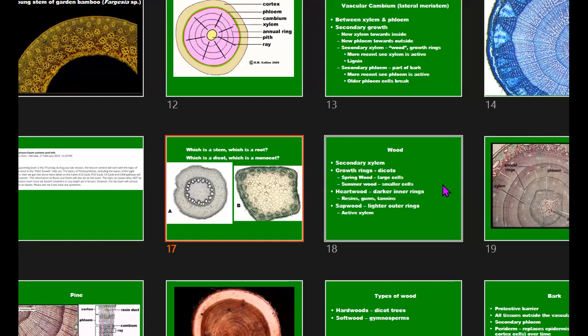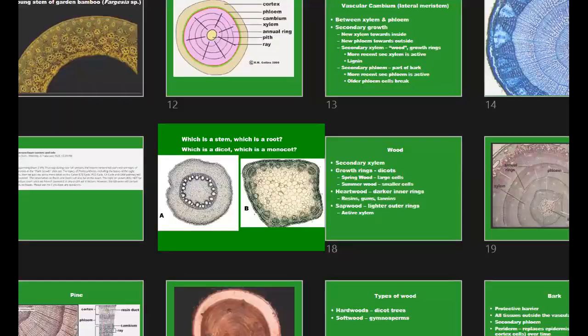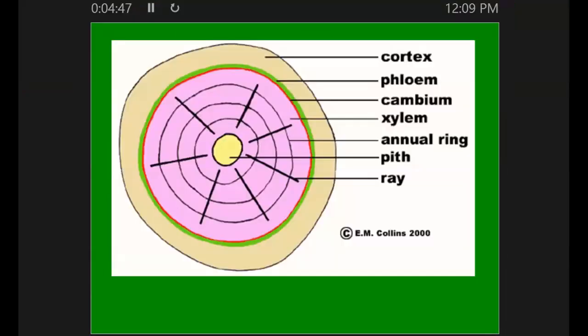So we talked a little bit about the vascular cambium. Let me go back and refresh your memory. When we look at a dicot stem, you have that ring of vascular tissue.